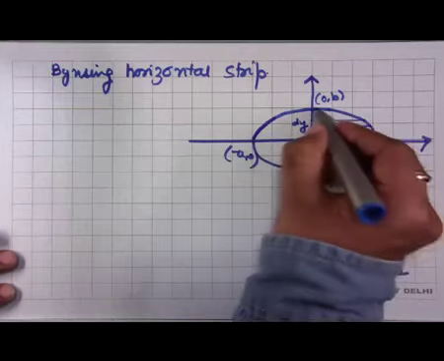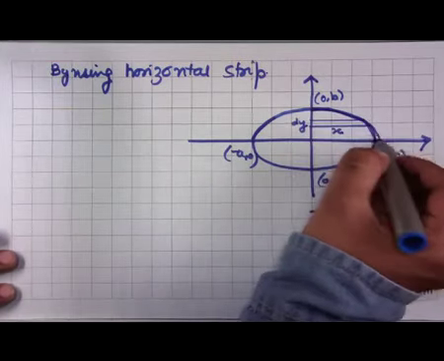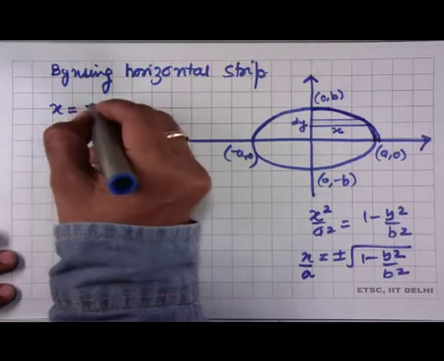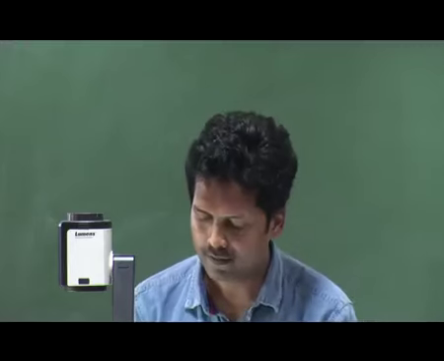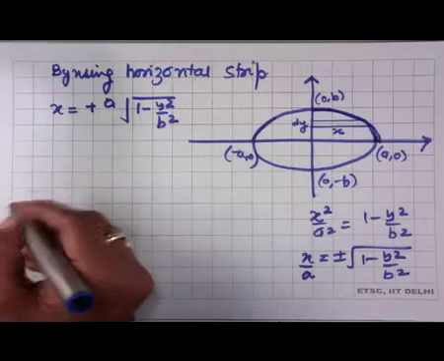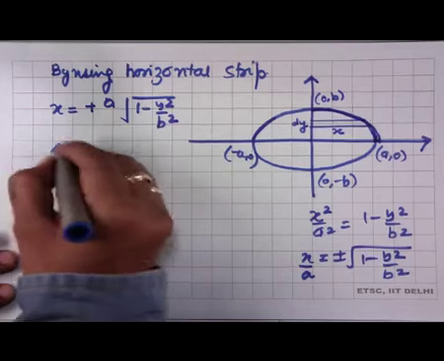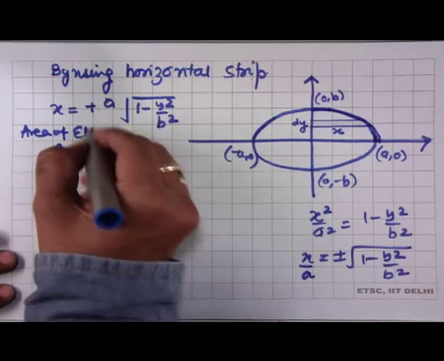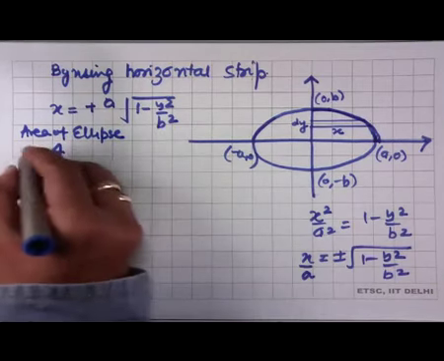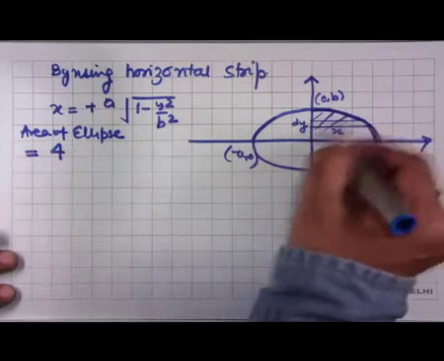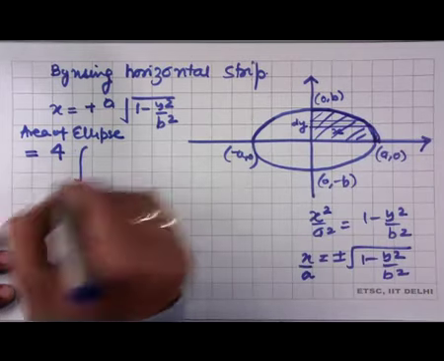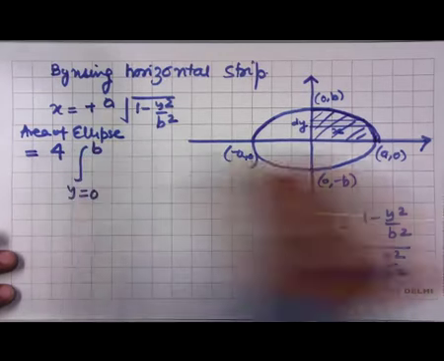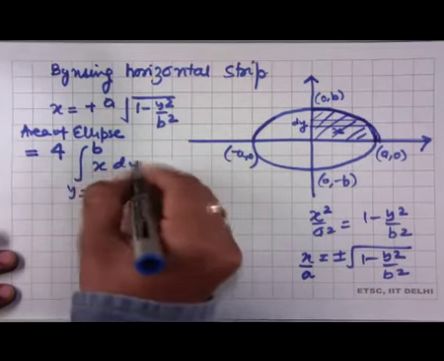So since we are taking this portion of the ellipse, x will be positive under root, and the required area is 4 times this area, which is y goes from 0 to b, x dy.